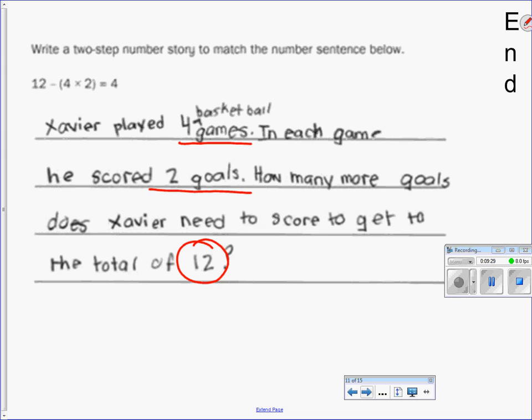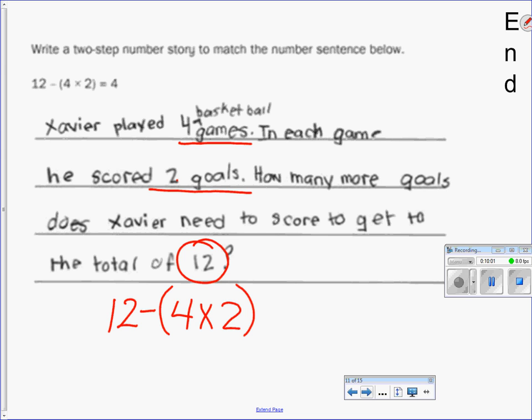All right, so I have my 4 groups of 2, so I could represent that, okay? And I know that he needs to get to 12, so when I'm looking for a difference, remember, boys and girls, I said we subtract, okay? So we subtract 12 minus the 4 times 2, and we're going to go ahead and put that 4 times 2 in parentheses, and see what we come up with.